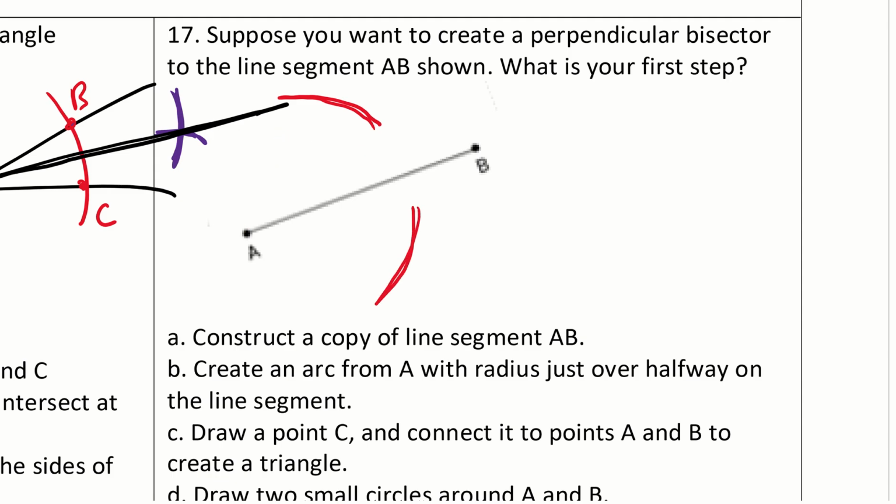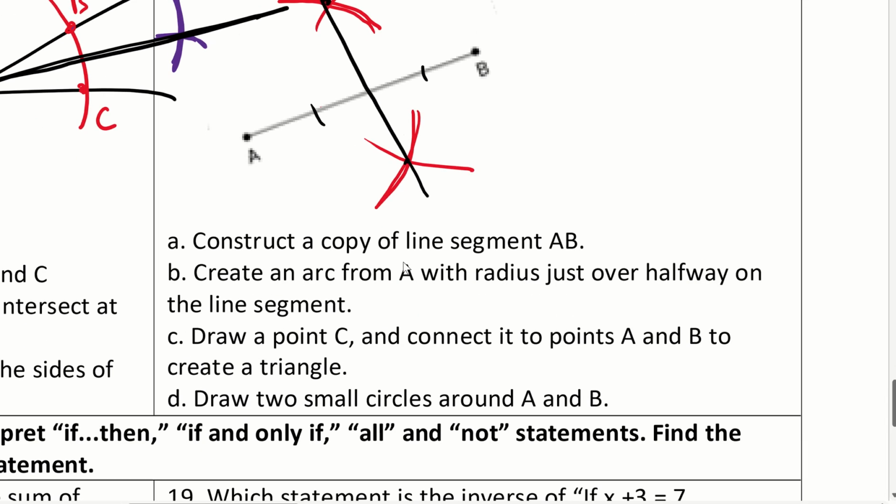Take that same compass measurement from B and you're going to draw an arc below and an arc above with the compass. And now you can connect these. X marks the spot, connect those, and this line is going to cut that in half. Okay, so the first step is to spread out the compass so it's more than half of the line.